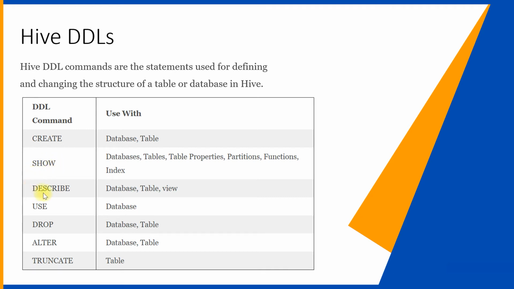Similarly, you use describe to view the structure of the table, right? Just the structure of the table. Describe will give you only the structure of the table, and use will actually use the database, which means you are connecting to a particular database and then you perform show tables or create tables, those sorts of DDL.